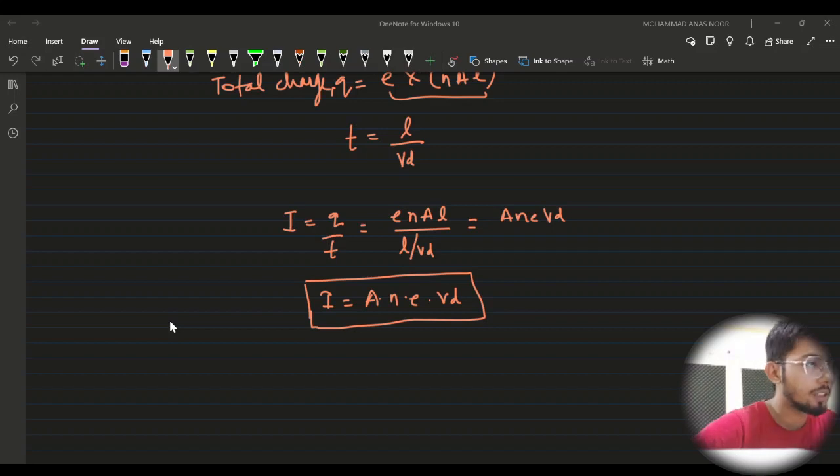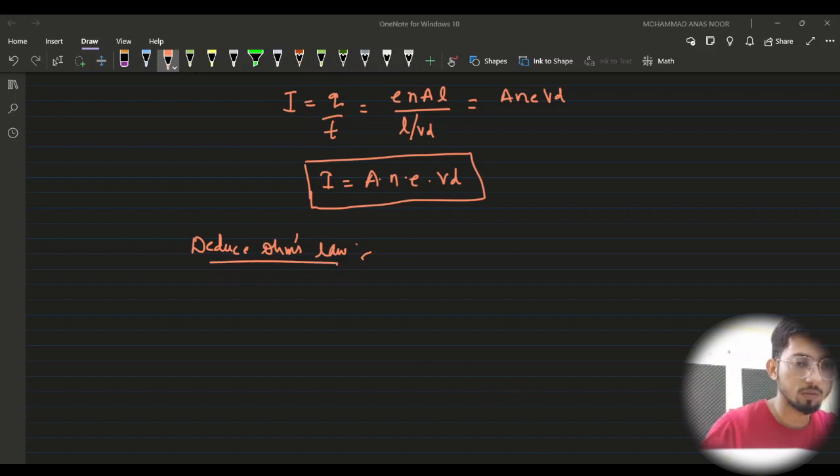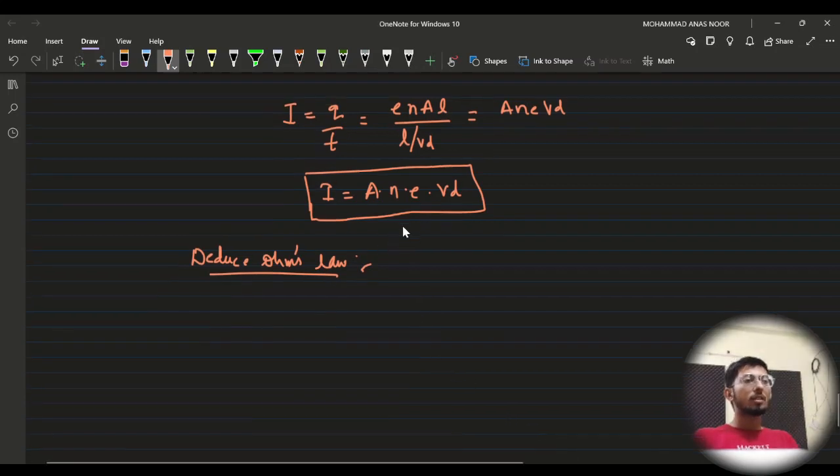Now again, let's not prove it because it will take time. From this we can also deduce Ohm's law in another way. Okay, there is a small correction actually.